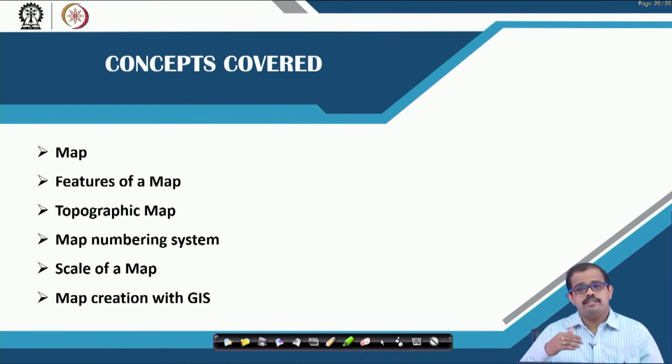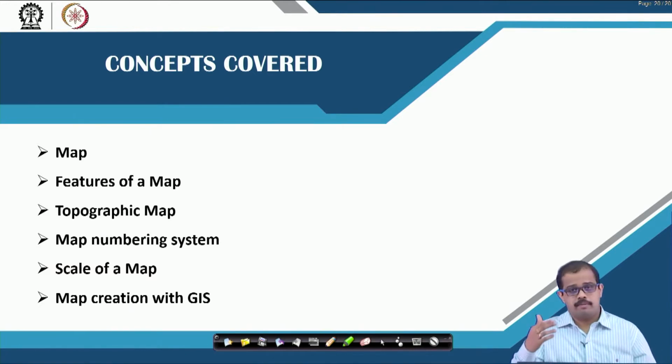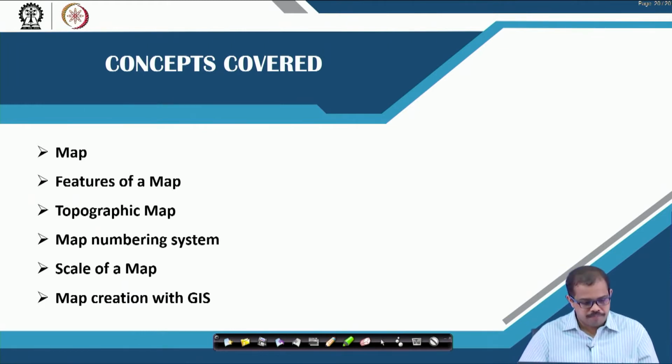Once we have understood it, we will look at what the scale of a map is, how we represent that scale, then map creation with GIS. So now I am slowly starting with how you do a practical analysis using a GIS platform. If you can understand these, it would be easy for you to work on the practical sessions when we start looking at them.